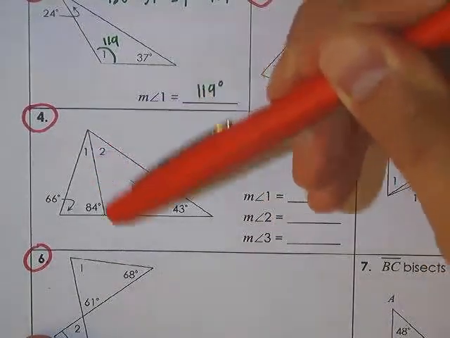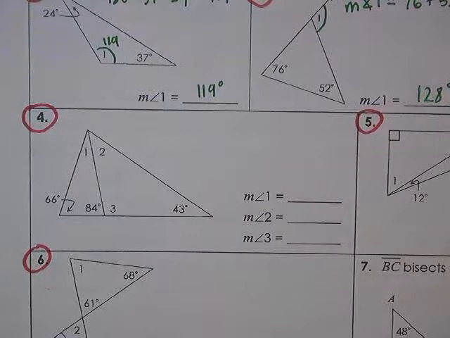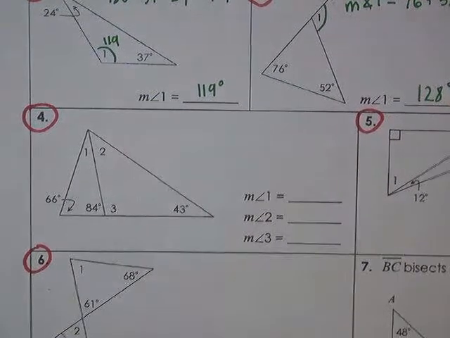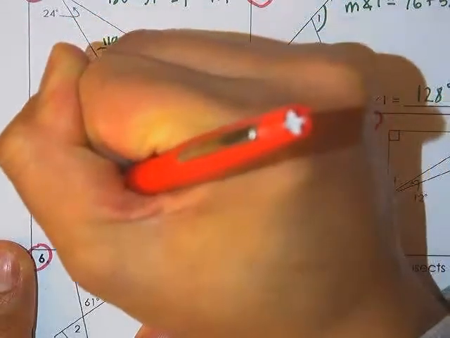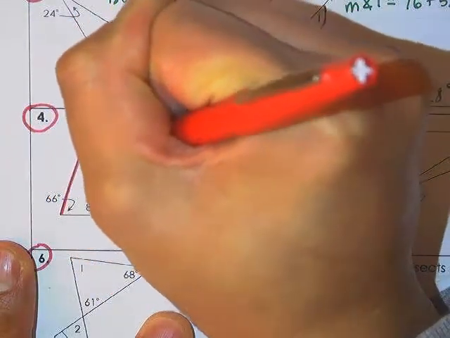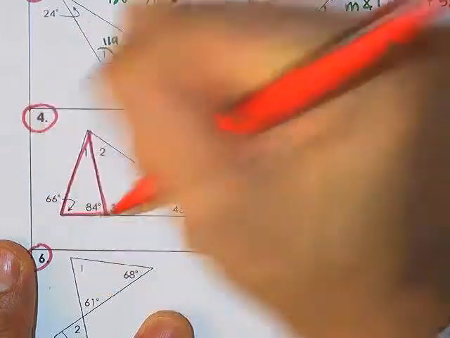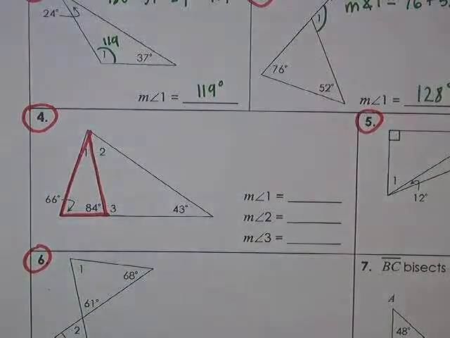You can look at the whole triangle, or you can break it down one by one. And you don't need to feel obligated to go in numerical order. You can bounce around, 1, 2, 3, or 1, 3, 2. So if I look at this triangle over here, I'm going to color it, just a little bit of strategizing.